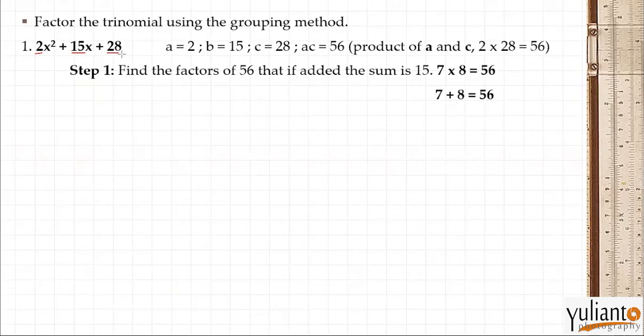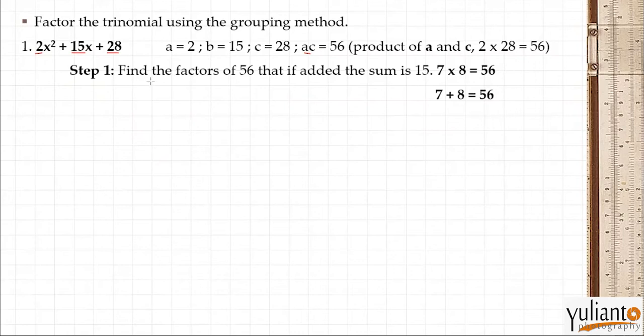Now, after getting the values, we get ac. Here we have 2 times 28. The answer is 56. So ac, 56, is the product of a and c. All right.